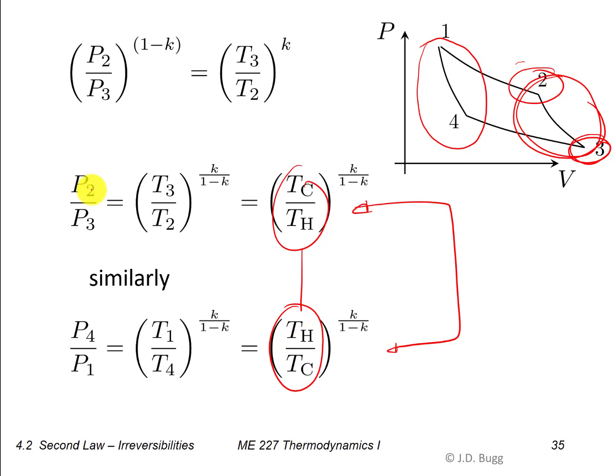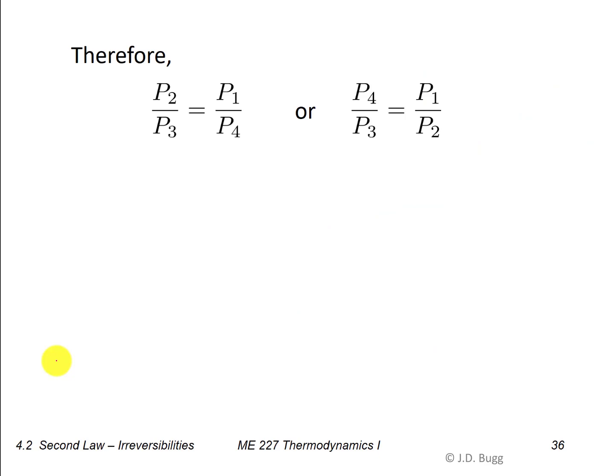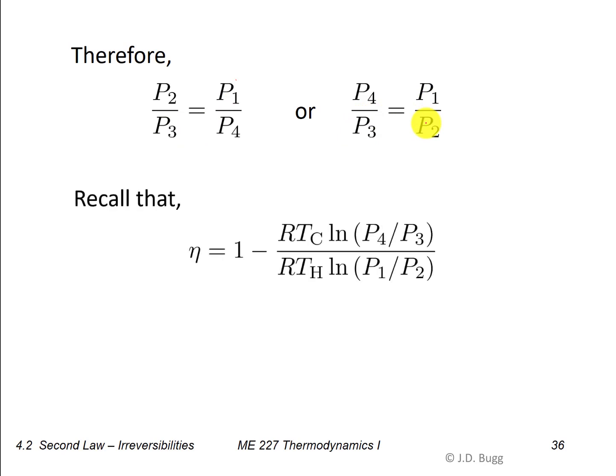And so that means that P2 over P3 is equal to P1 over P4. So P2 over P3 is equal to P1 over P4, or P4 over P3, just bringing that one over here, is equal to P1 over P2. So bring P3 up there and P1 down here. So those pressure ratios are equal. And if you recall, those are the two pressure ratios that we have in our current expression for the thermal efficiency.